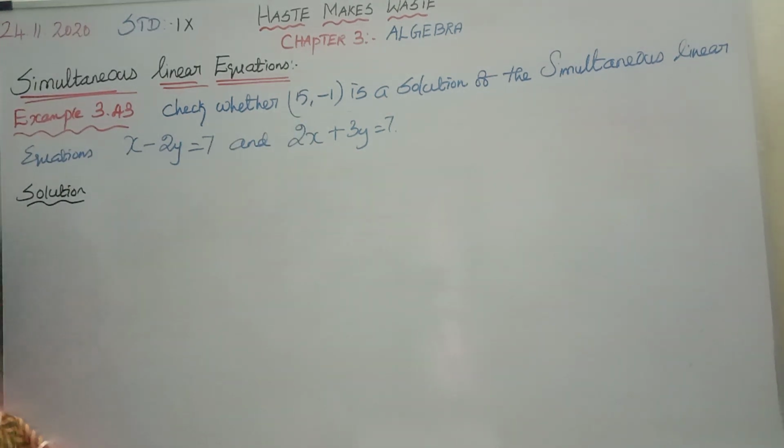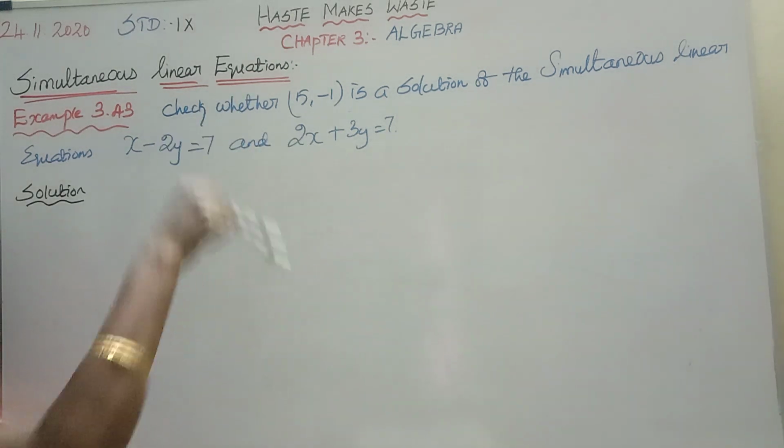You have to check whether this ordered pair satisfies these equations. How to check the satisfaction? You have to substitute in the equations, and if you are getting the same answer for both, we can say it is a solution for both the equations.